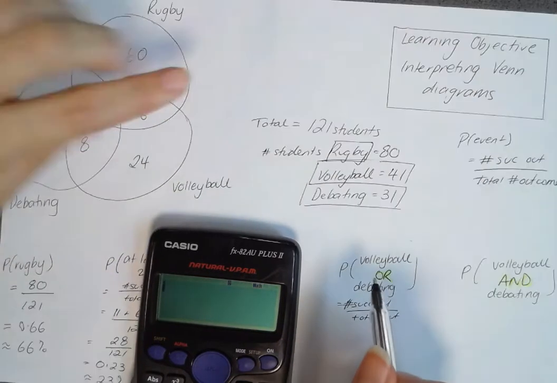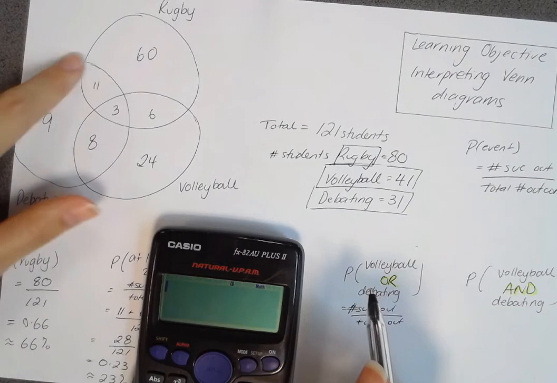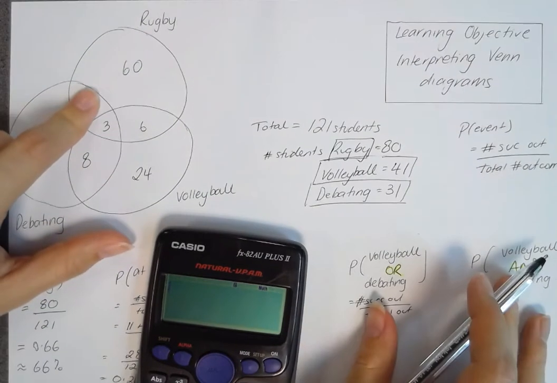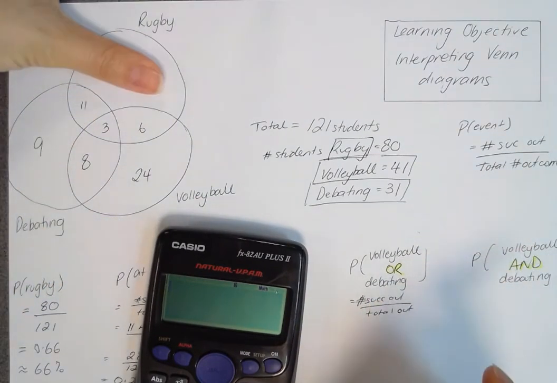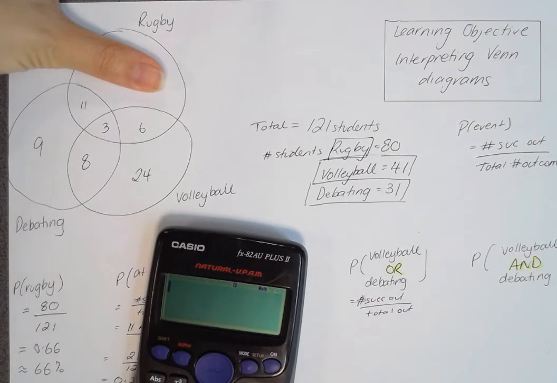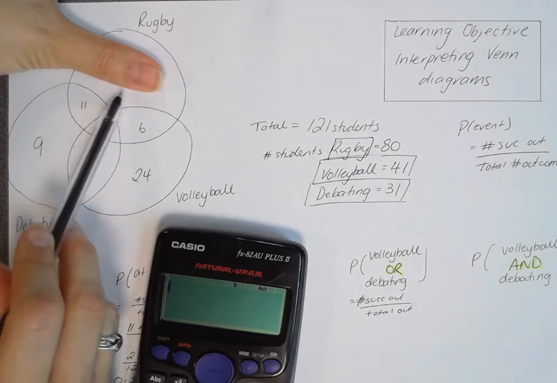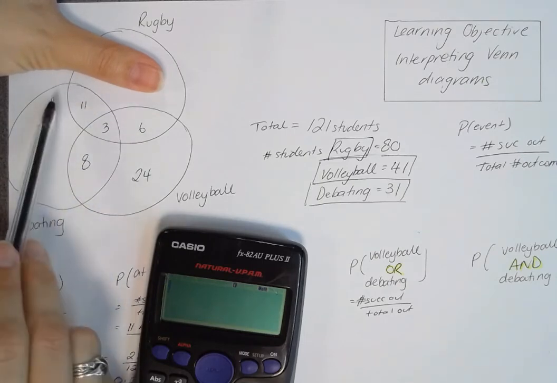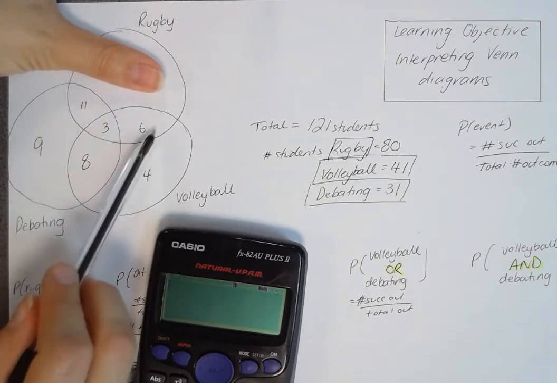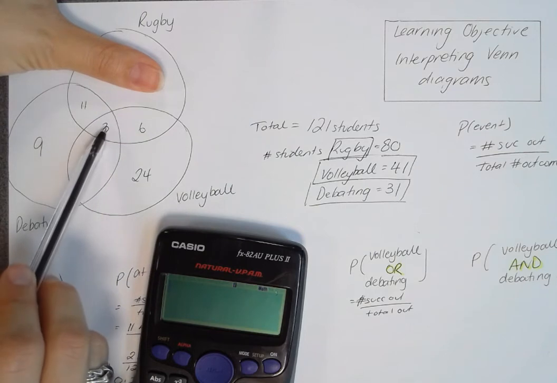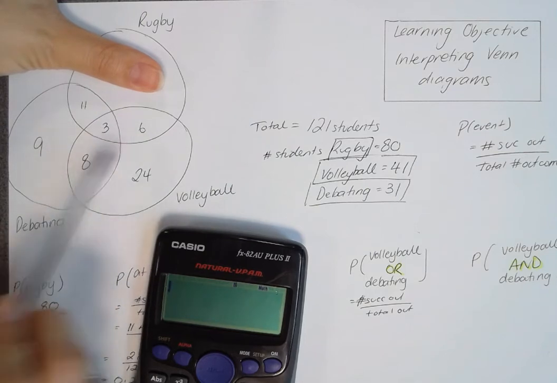So, volleyball, this circle, debating, this circle. Let's hide these rugby kids because everybody else played either volleyball or did debating. These kids fit into the rugby and debating circle, but they did do debating. These kids fit into the rugby and volleyball, but they did do volleyball. These kids fit into all three, but they actually did do both of those things.